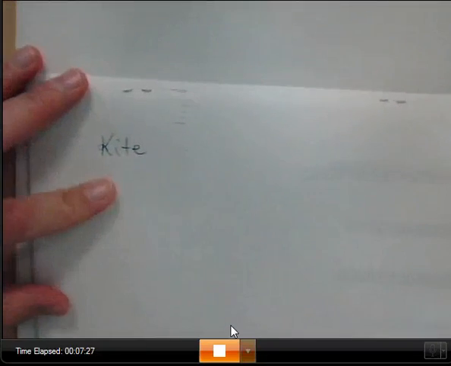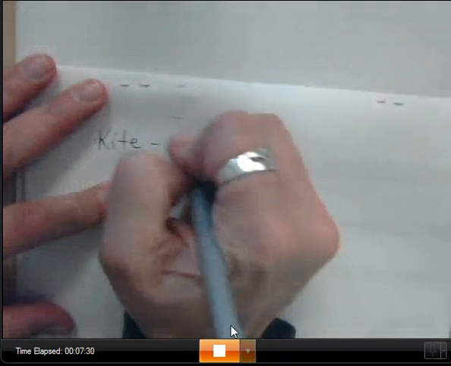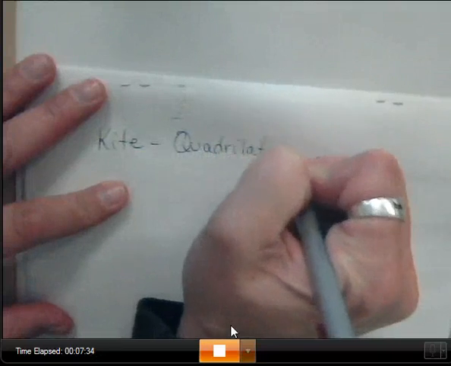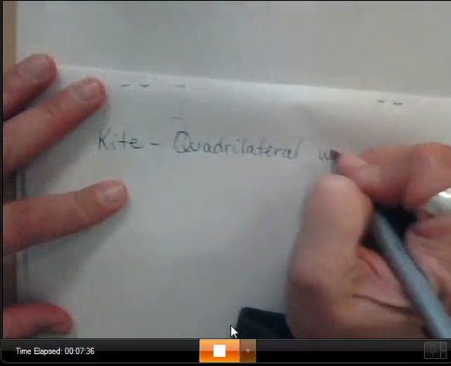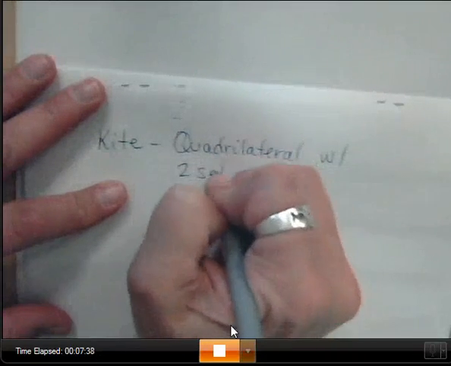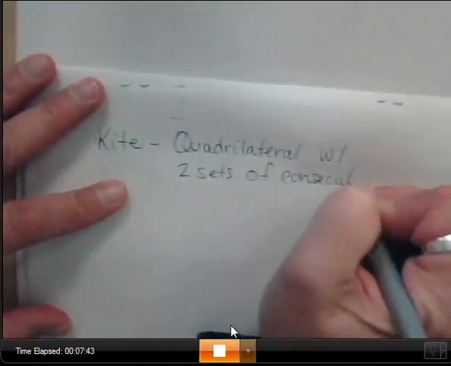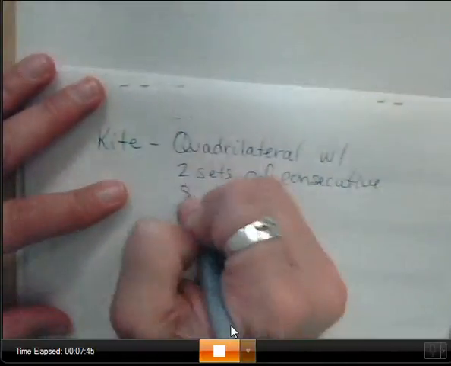So a kite is a quadrilateral with two sets of consecutive sides congruent.